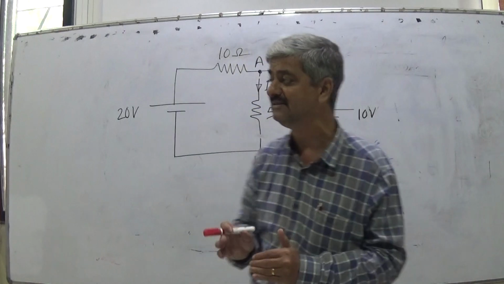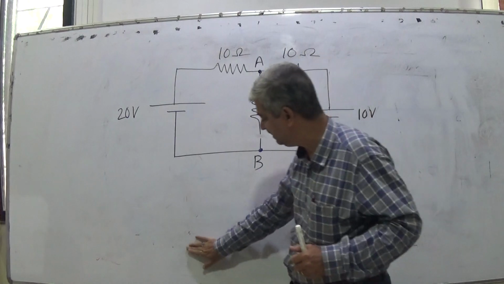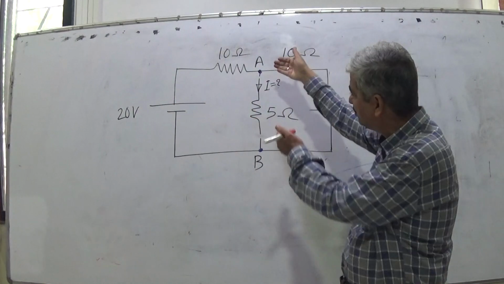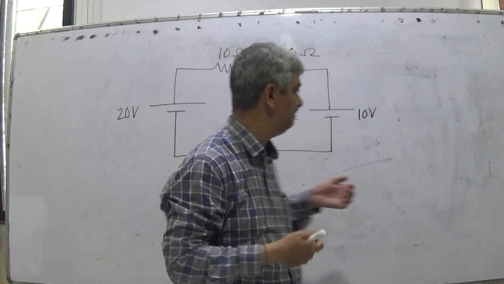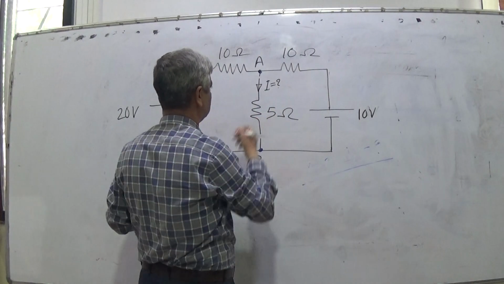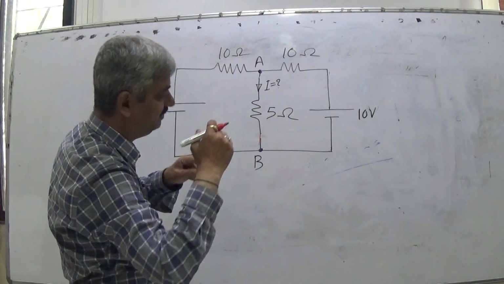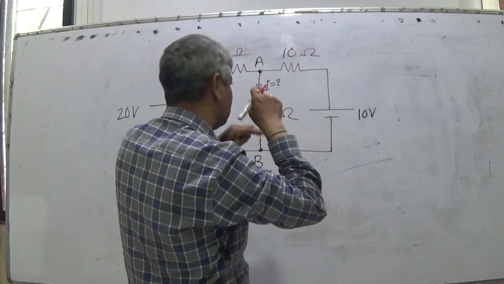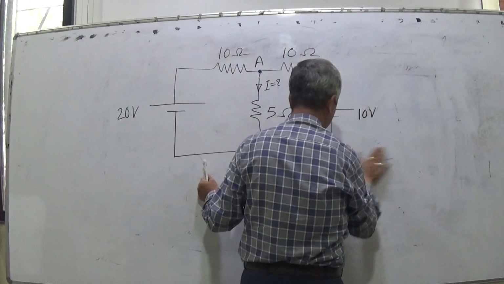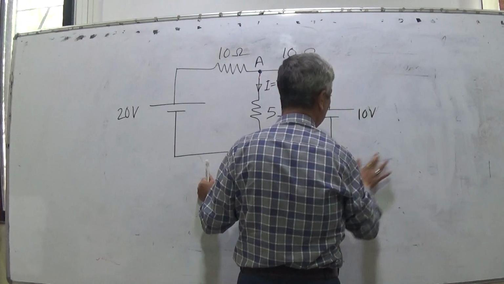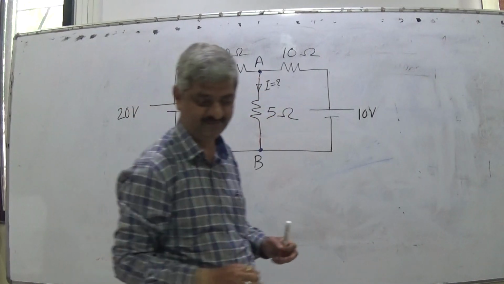In the alternative process, the resistance through which the current is asked to be found out is first separated. So I am asked to find the current through this 5 ohm resistor which was connected between A and B. So you bring it out and you embed yourself in the resistance, meaning Thevenin tries to look from within the resistance towards the remaining circuit.